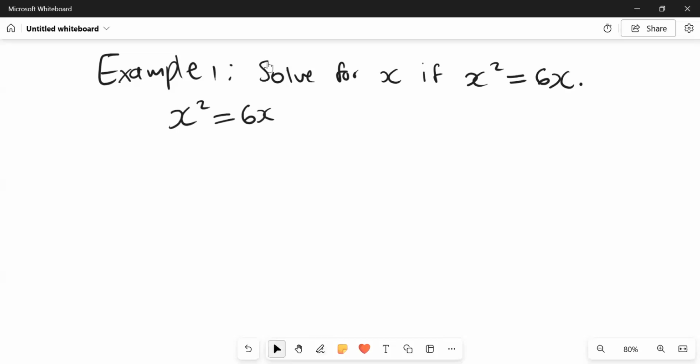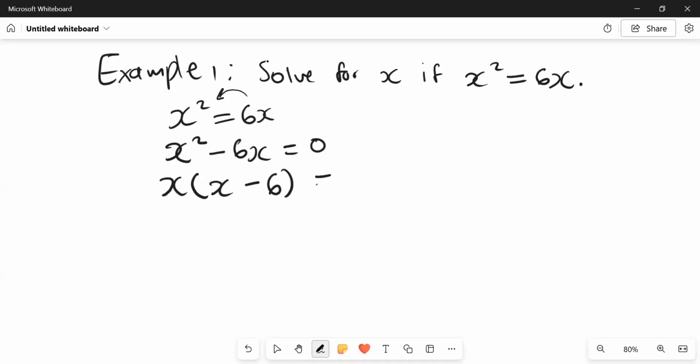I know some of the learners will want to divide both sides by x, but please follow the steps. Step number 1, left-hand side or the right-hand side should be equals to 0. So I have to transpose 6x to the left-hand side. Now it changes to negative 6x. And then I have to factorize. Always look for the common factor first when factorizing. So the common factor here is x. Now you're left with x minus 6 equals to 0.